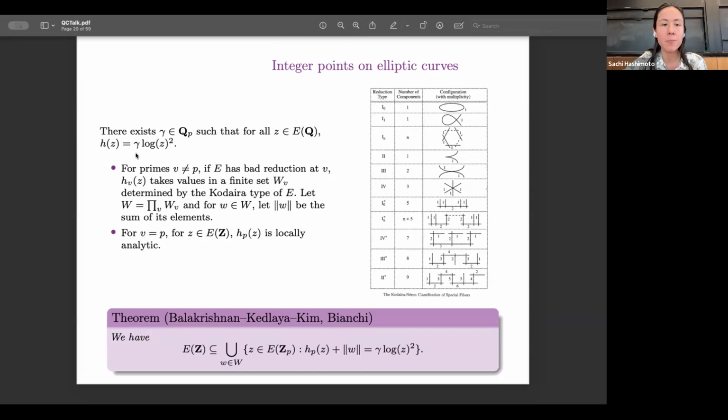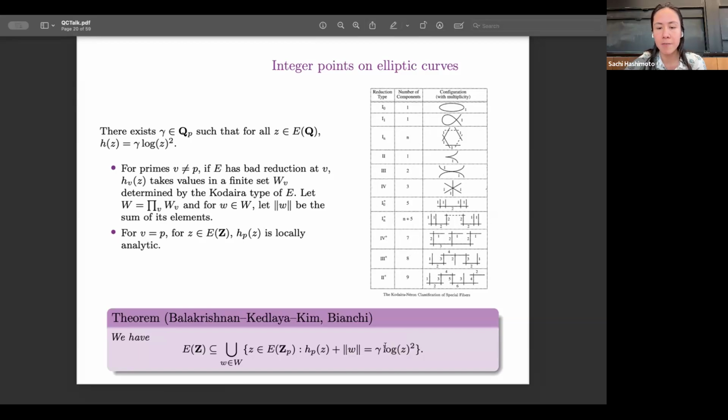And so when we decompose our global height into the sum of local heights, what we see is the following quadratic Chabauty theorem. If we want to solve for the integer points, we can write this global height as a sum of the local height at p and the local height away from p, and that's equal to gamma log squared for this specific constant of proportionality gamma.